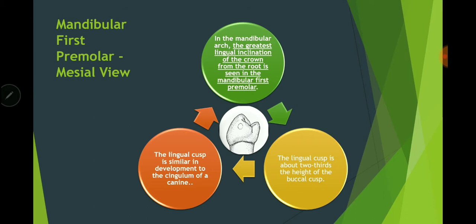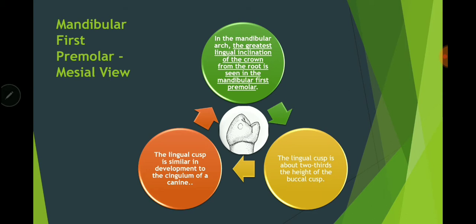So we're still on the mesial view of the mandibular first premolar. The lingual cusp is similar in development to the cingulum of a canine. And in the mandibular arch, the greatest lingual inclination of the crown from the root is seen in the mandibular first premolar.